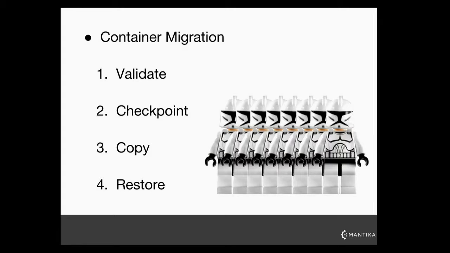Then you checkpoint the process. Checkpointing a process means dumping all the memory, file descriptors, mounts, namespaces, cgroups, basically everything to a set of files. Then we copy those files to the destination host, and we restore that process. Within that, we also copy, of course, all the TCP connections and everything.